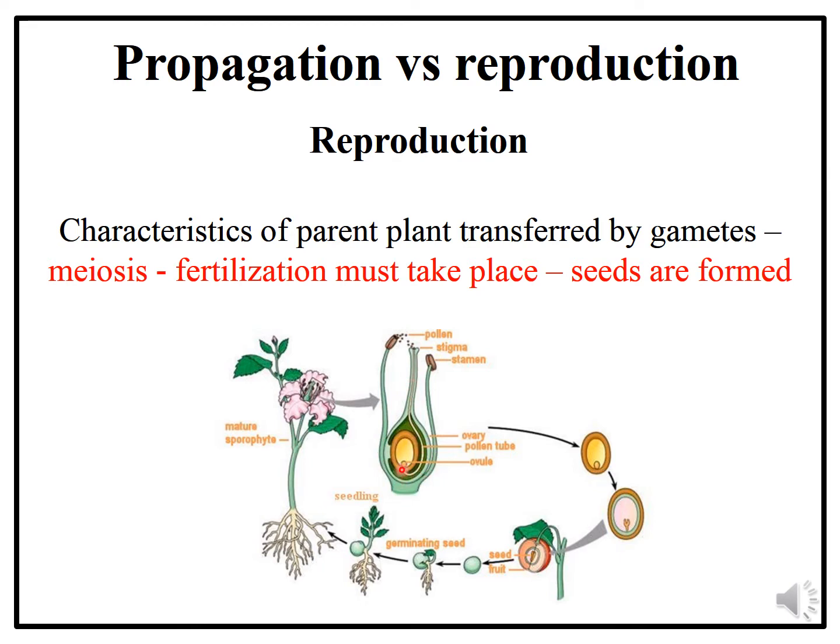And in the ovary, one sperm cell fuses with the ovum or the egg cell and the other with the polar nuclei. And in this fusion, a seed is formed. And that seed germinates to give a plant that looks exactly the same as the mother plant. But for reproduction, fertilization must take place.